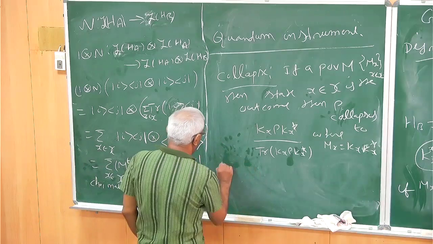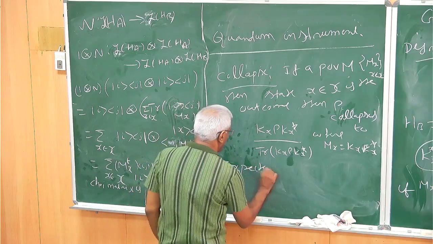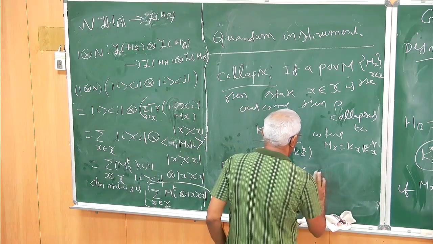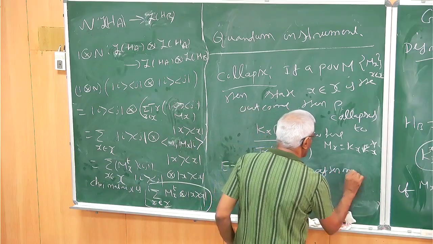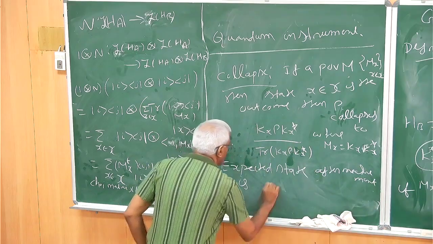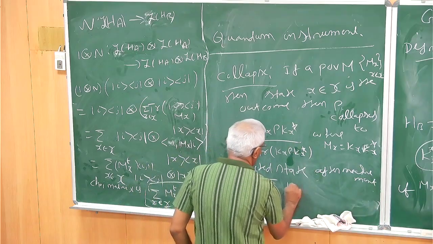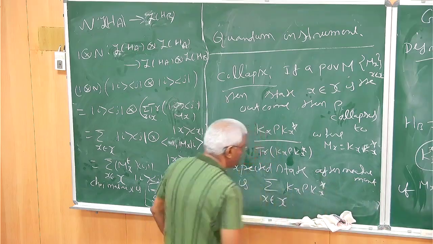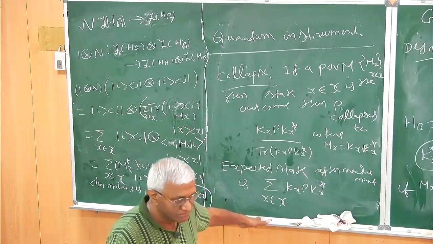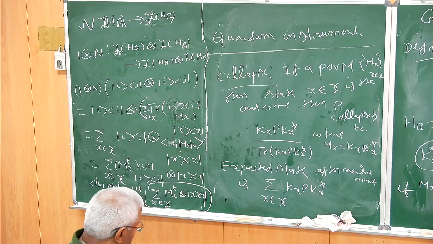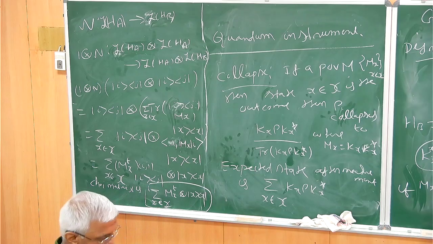We can talk about the expected state, which will be an average kind of thing. The expected state after measurement is the summation of Kx rho Kx star. This is different from rho. If the Kx are commuting, it will be in different blocks.